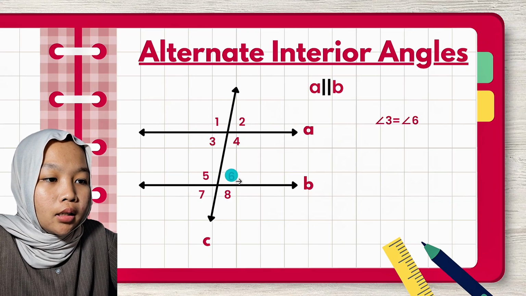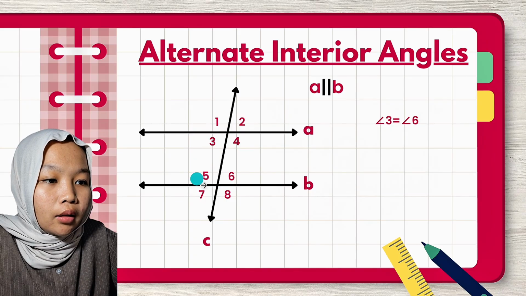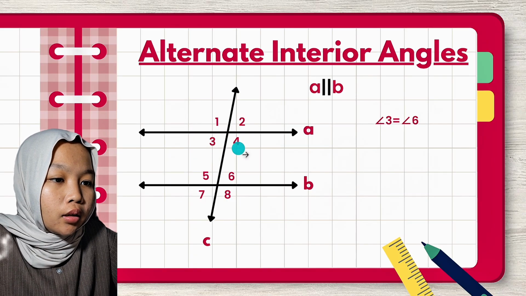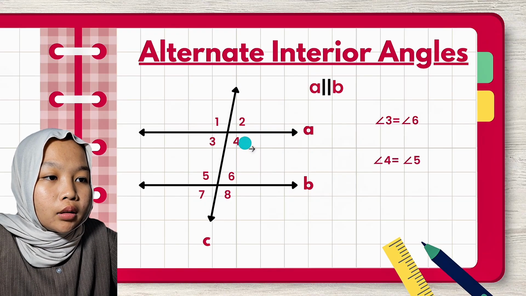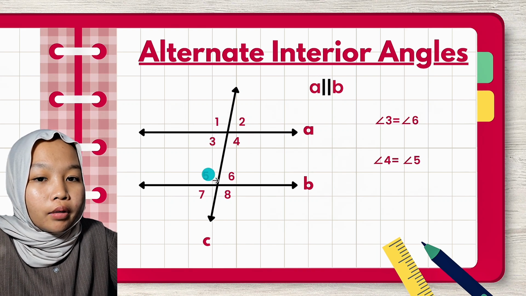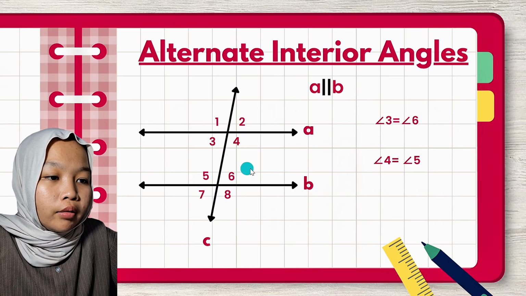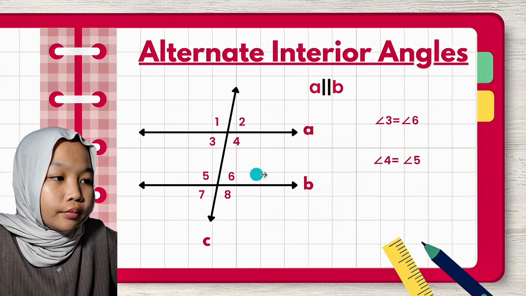So angle 3 is congruent with angle 6. It is also so with angles 4 and 5. Angle 4 is on the right side of the transversal and angle 5 is on the left side, so angle 4 and angle 5 are congruent. So these are the alternate interior angles.